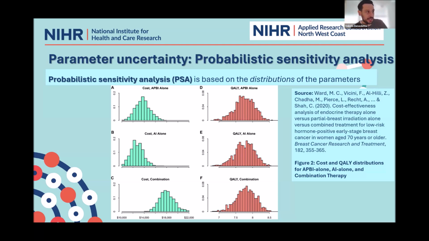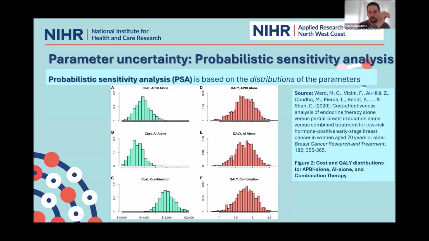Researchers do that 1,000 times or 10,000 times using software. Of course, they don't do it with a piece of paper, but they simulate different combinations of cost and qualis several times in order to capture the uncertainty around the values for cost and qualis.